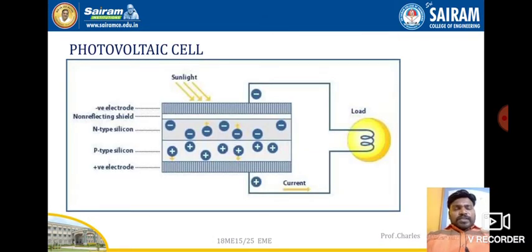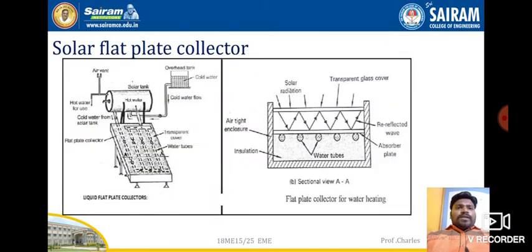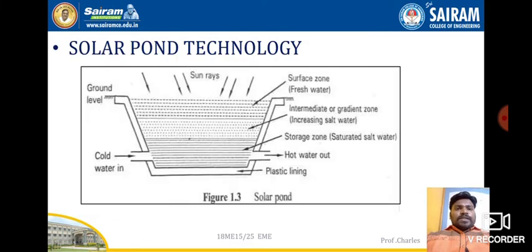So the sun's energy can be thermal, electrical, and chemical. The solar pond comes under chemical energy, and the solar flat plate collector comes under thermal energy, because heat is generated. The solar pond is chemical energy, with the help of sand and salt mixed with water.